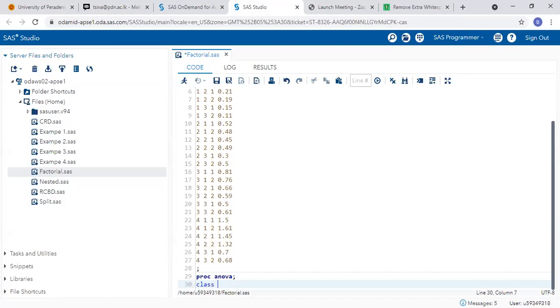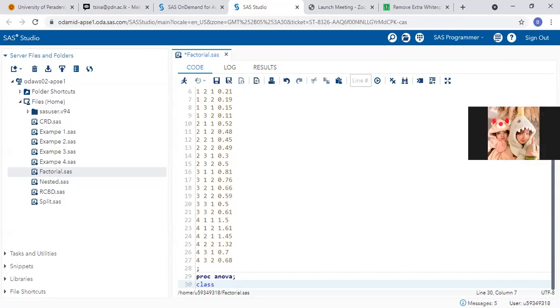Kajanita? Yes, sir. What are the class variables in this example? Classified, coded data or coded information. What are those?